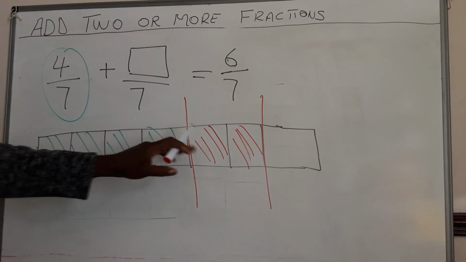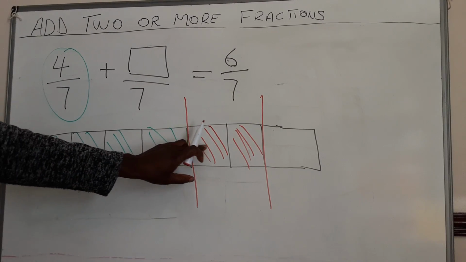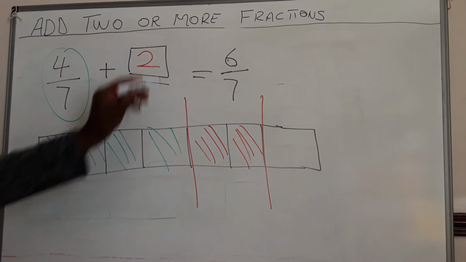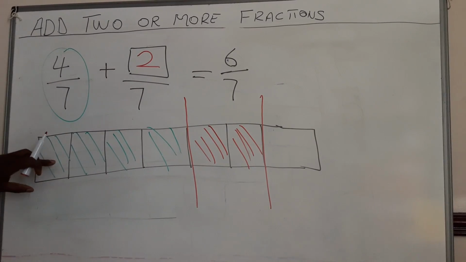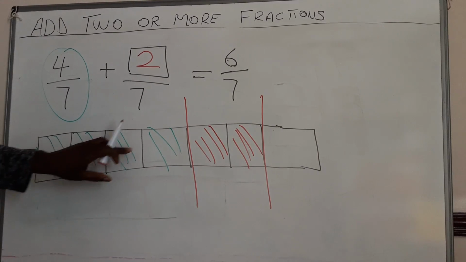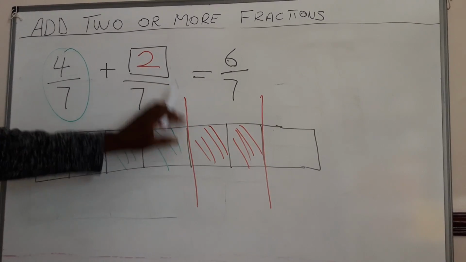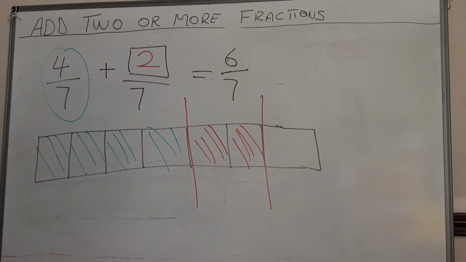So how many more did we count? We counted 1, 2. So we know that our missing number is 2. This is our 4 that we shaded, 1, 2, 3, 4, and we counted on to 5, 6. So we counted 2 more.